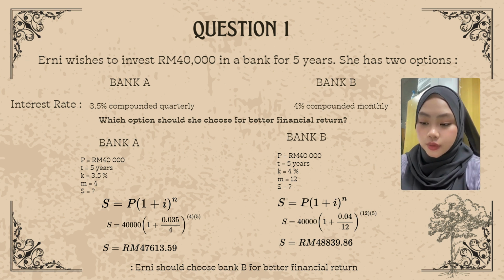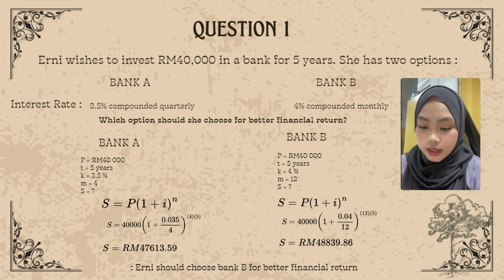offers a higher interest rate of 4% per year and compounds 12 times a year for the same duration of 5 years. Again, we apply the same formula by dividing 0.04 by 12 to get the interest per period and multiply 12 by 5 to obtain 60 compounding periods.